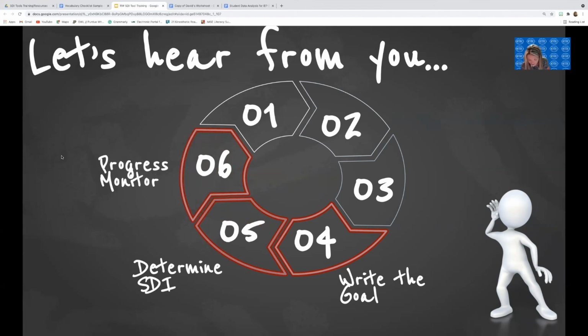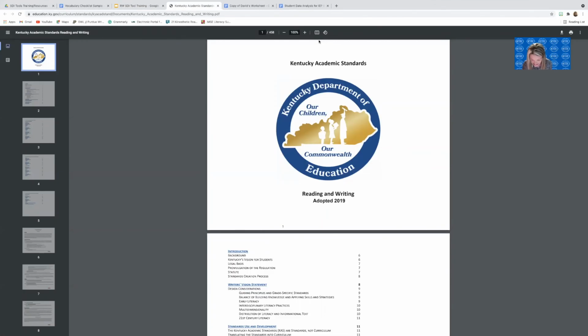As I'm looking at this, I had forgotten to talk to you about identifying the standards. So when we decide that we'll do decoding or fluency, you go to your standards and look at that. I'm looking at it, and it says his MAP score places him in mid-year second grade.